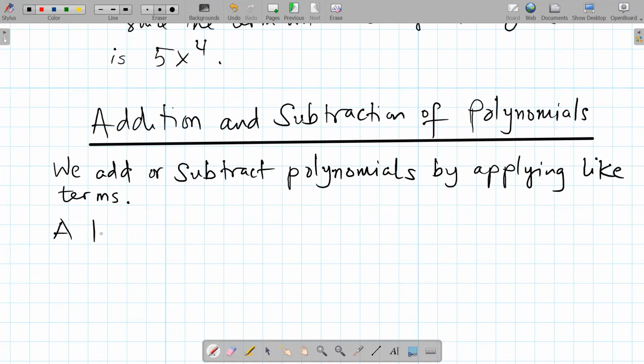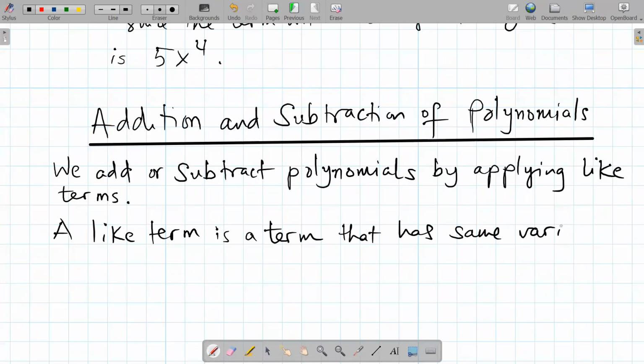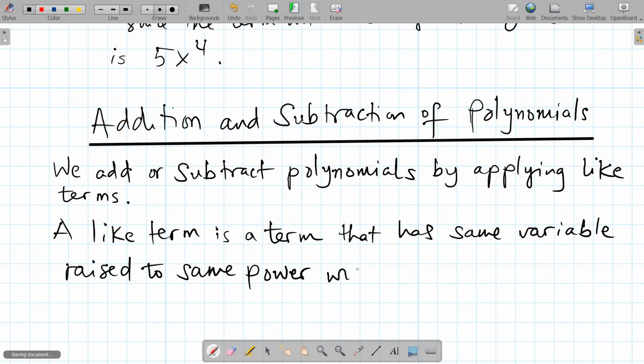A like term, or better still, like terms, like term is a term that has the variable raised to same power with other terms.